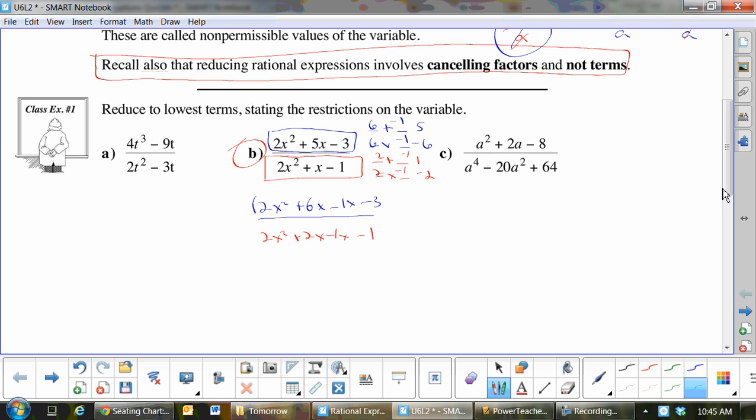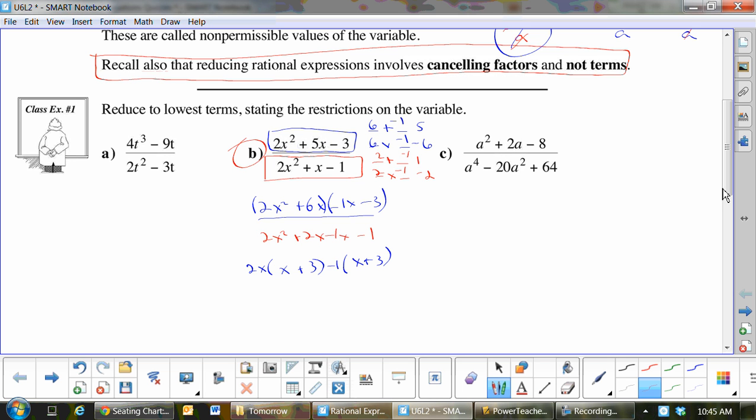And the top, I have this set of brackets. I'm going to take out a 2x, leaving me with x plus 3. The other one, I'm going to take out a -1, leaving me with x plus 3.